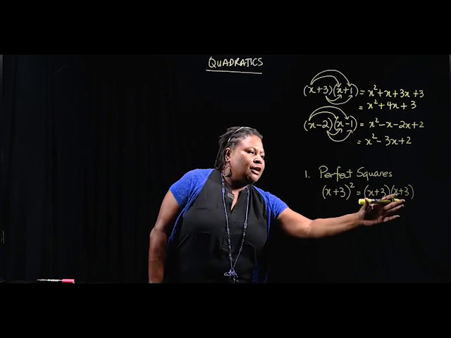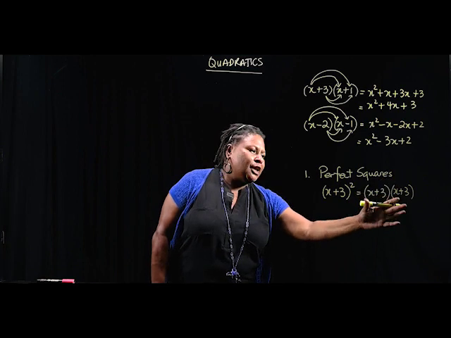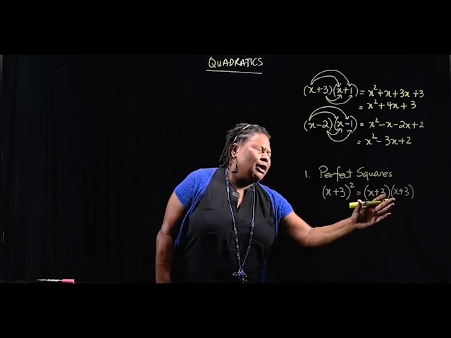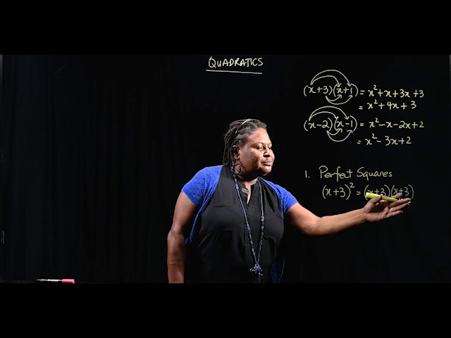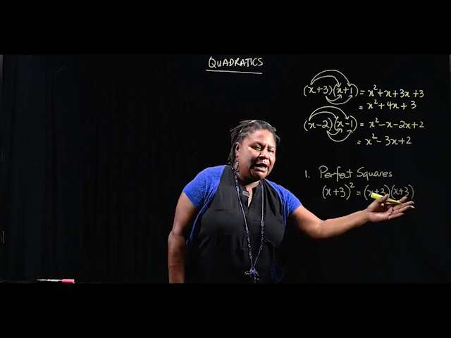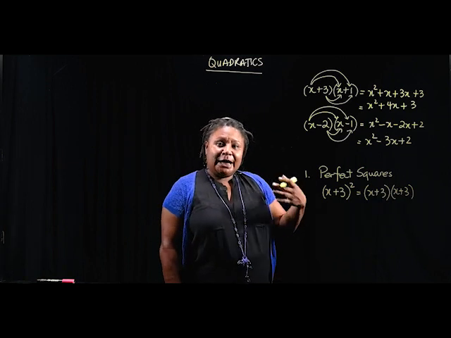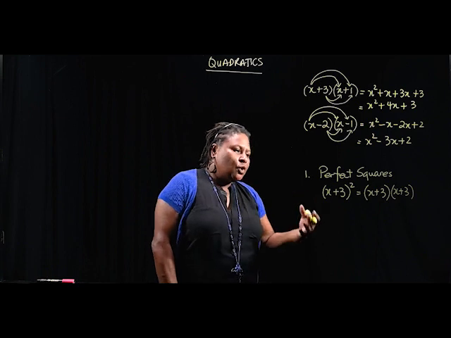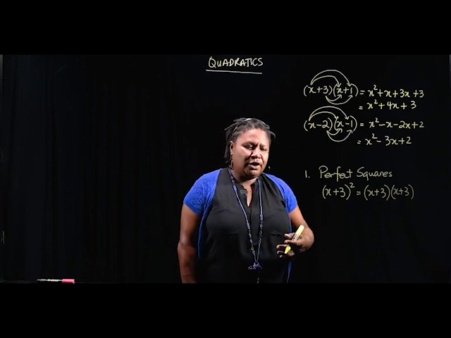With quadratics, when one binomial or linear expression is multiplied by itself, it follows a pattern, so you can form a general rule.